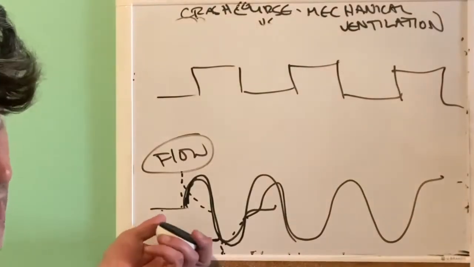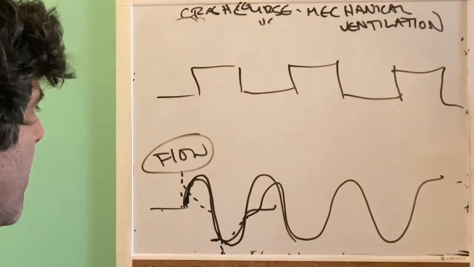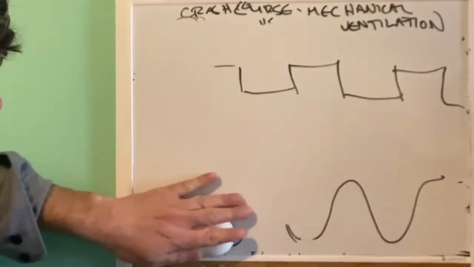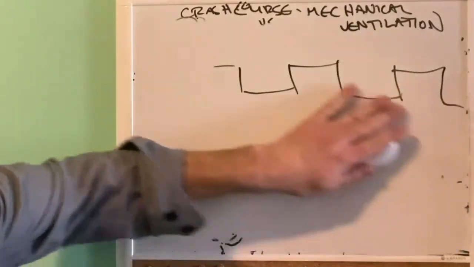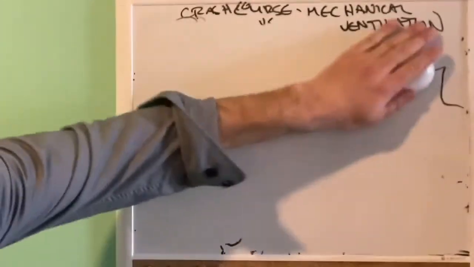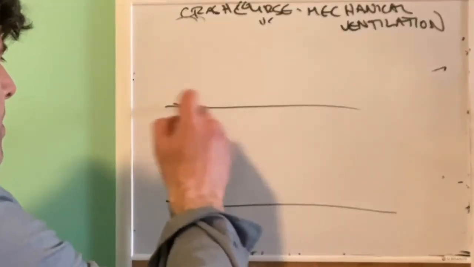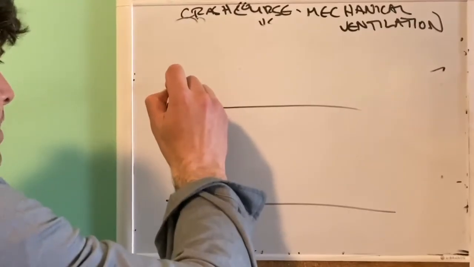This is a patient that is not happy and is doing a tremendous amount of work despite being on the vent. Patients can still do a tremendous amount of work despite being on the vent. Same thing, sometimes you'll see this.